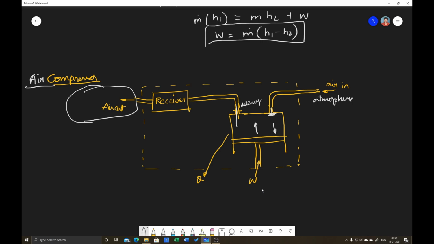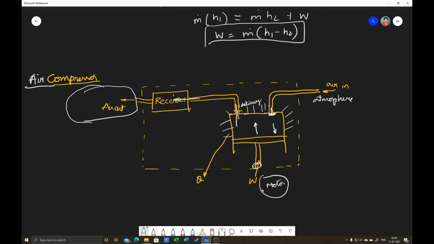The receiver is a non-return. So whatever air comes in this direction will not go in the reverse direction. That is the purpose of the receiver. So here some heat may be rejected because generally an air compressor is fitted with fins which enhance the heat transfer. Okay, and work will be supplied by an electric motor.